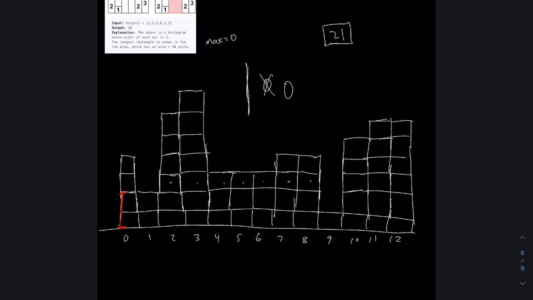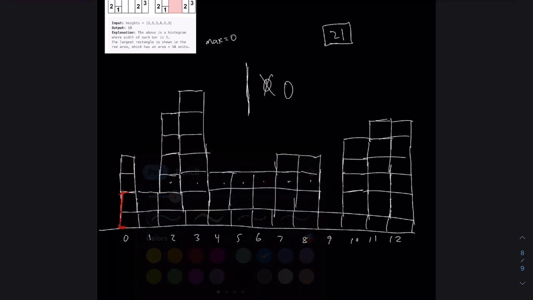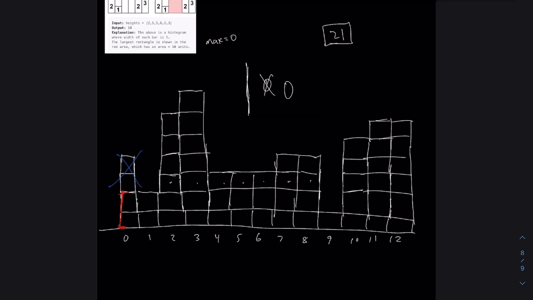So I'm just going to get rid of these two top parts. So now, if I say height 0, it's just equal to 2, okay? Because, like I said, this being 4 is not relevant anymore.